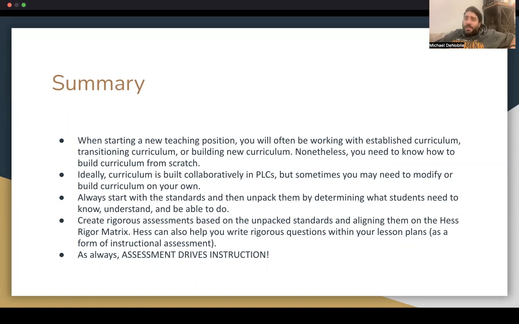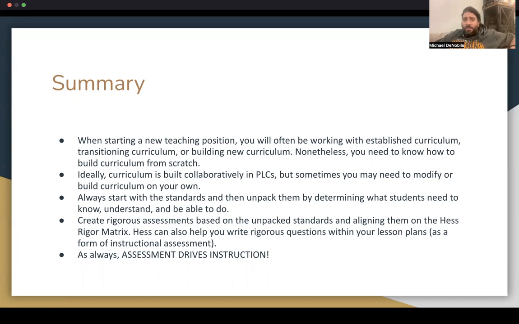I can tell you, 16 years into teaching, I consult the Hess Rigor Matrix when I do my curriculum mapping, my unit planning, my lesson planning.